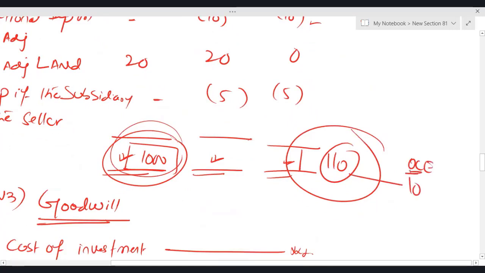When you are working for the parent, when we calculate retained earnings for the parent, we will take 100. When we calculate OCE for the parent, then we'll take 10. But when I am calculating the value of NCI, then the entire 110 will be considered.